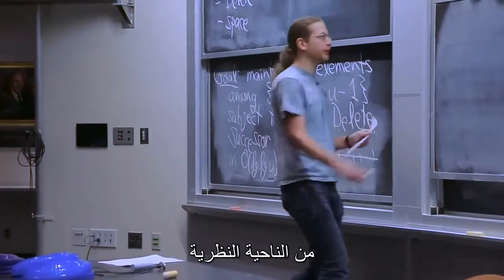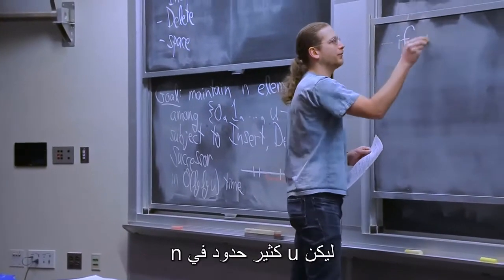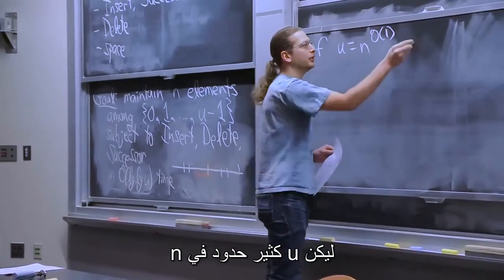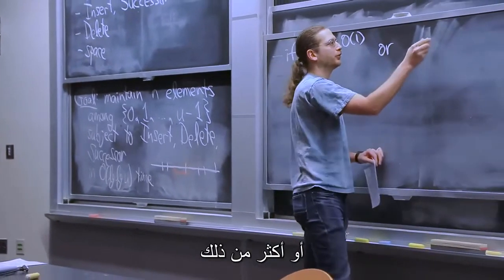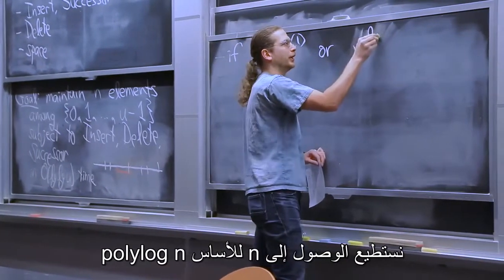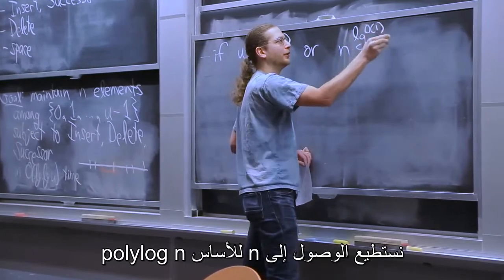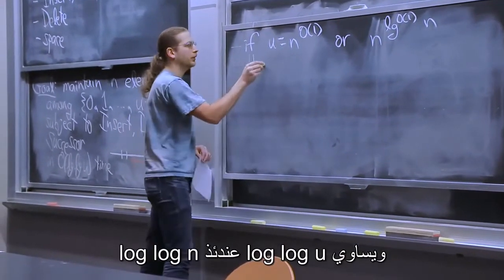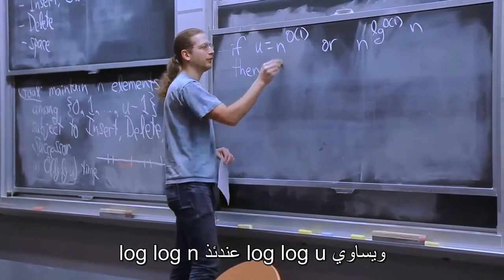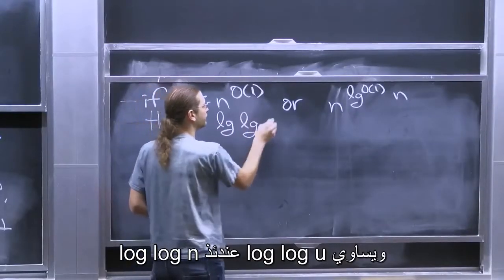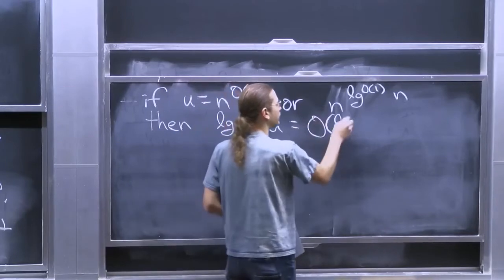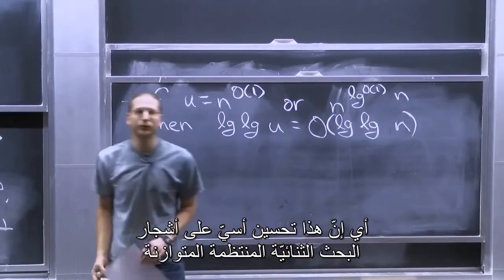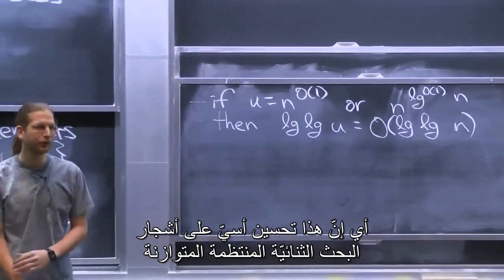So in particular, on the theory side, if, for example, u is polynomial in n, or even larger than that, you can support n to the polylog n. Then log u is the same as log n, up to constant factors. And so this is an exponential improvement over regular balanced binary search trees.